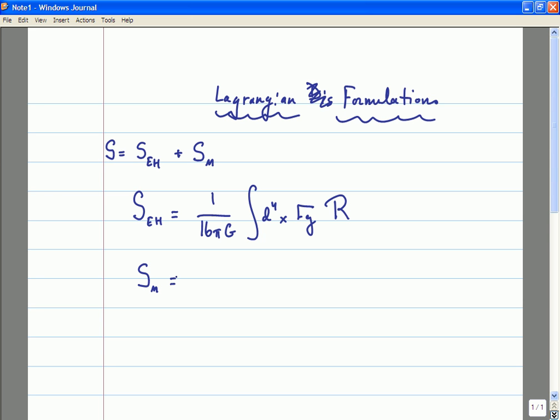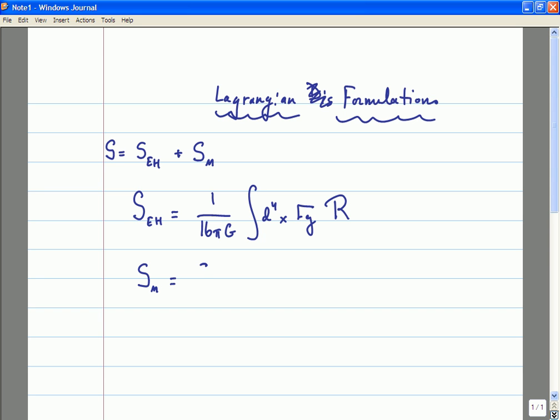And the matter action is as yet unspecified. It sort of depends on what situation you're considering. In principle, the matter action should be the action of the standard model of particle physics, for example, which we believe describes all of the other known particles and fields in the universe. Often we will be more modest and not consider the entire standard model of particle physics, but just some parts of the standard model.